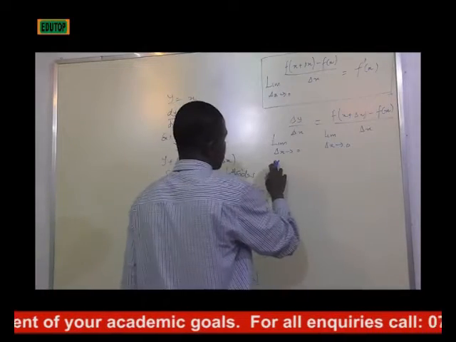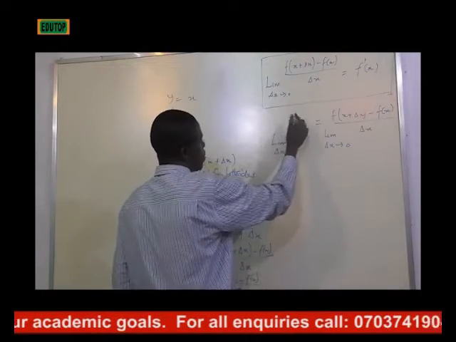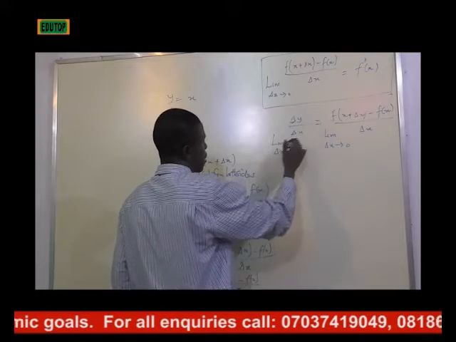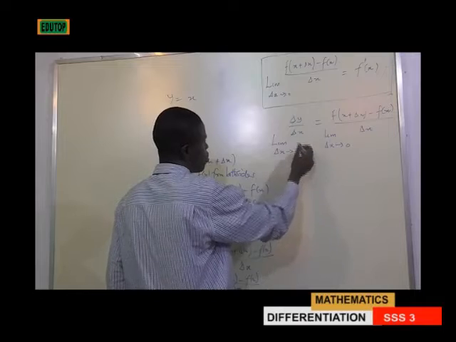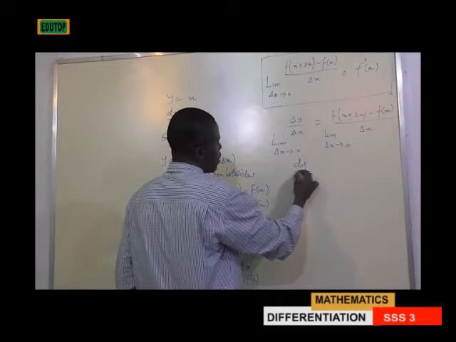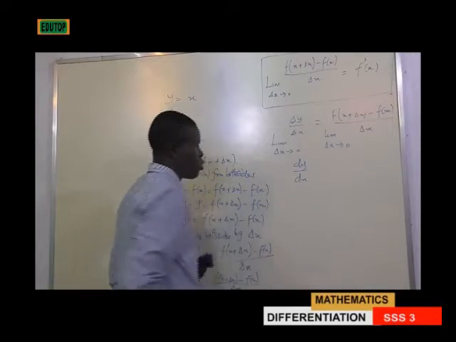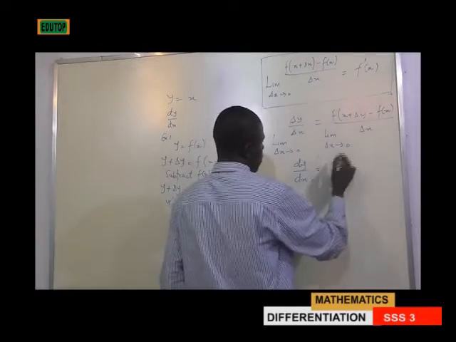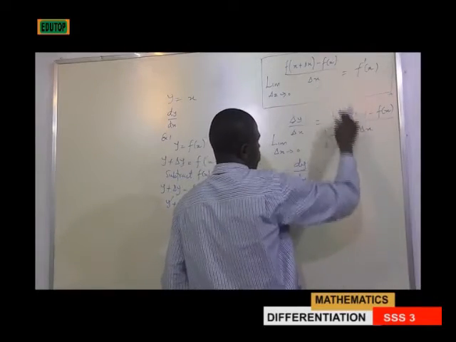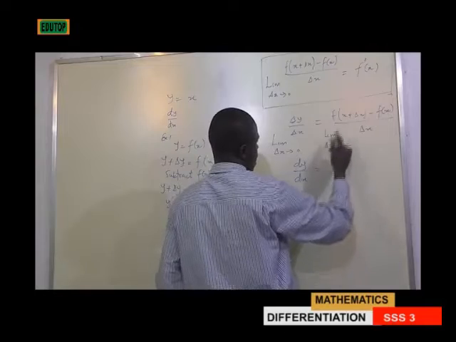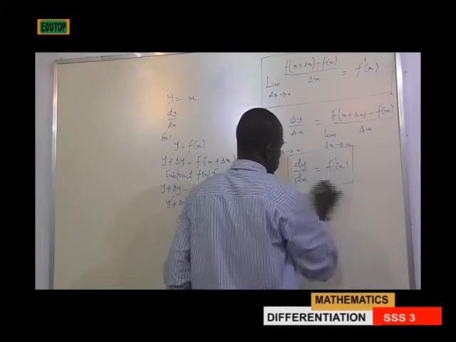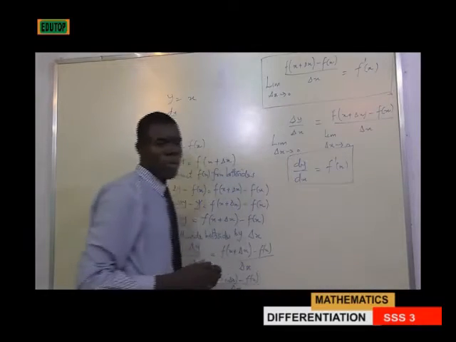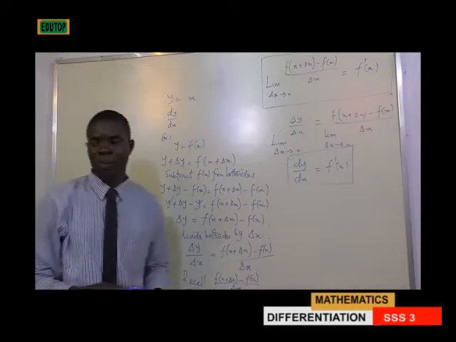So on this side, when you have change in y over change in x, taking the limit as change in x tends to 0, then we have dy/dx. Then here, you prove this identity, then you have f prime of x. So this is what is known as differentiation from the first principle.